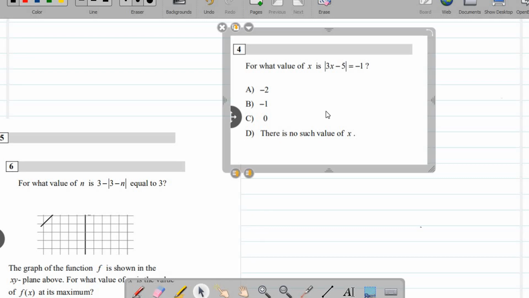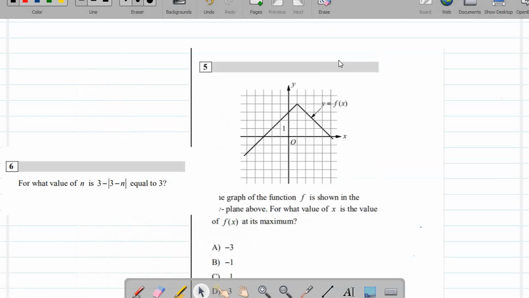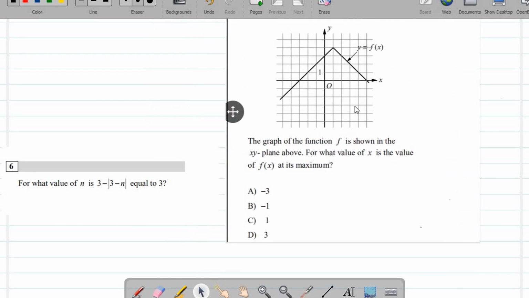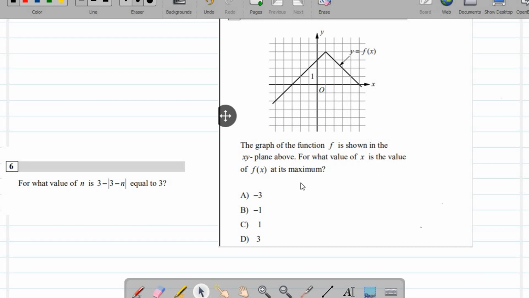Okay, that's question number 4. Number 4 is just a question that you just eat and go. Then look at number 5. Question number 5. The graph of a function f is shown in the xy plane above. For all values of x is the value of f of x at its maximum. The value of f of x at its maximum is at this point here. The value of this is the function, so the f of x is that.